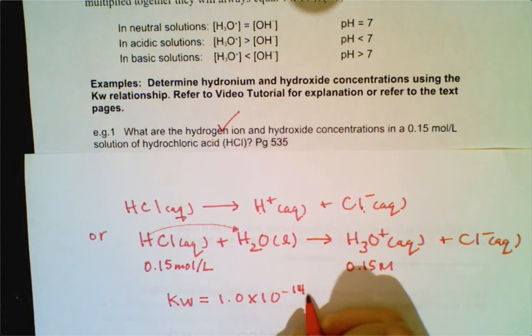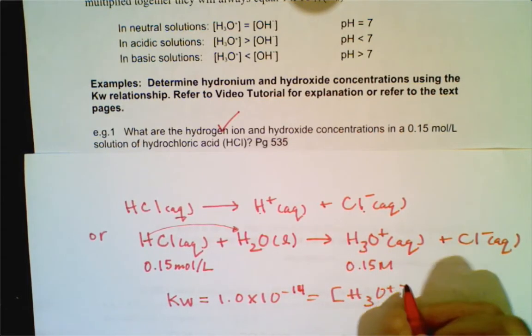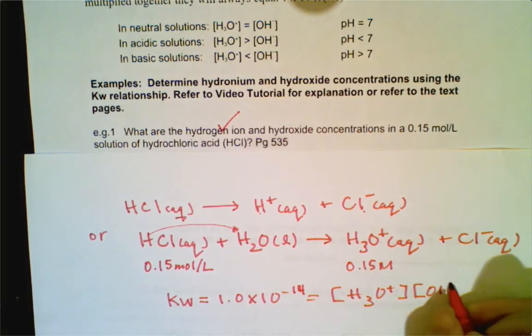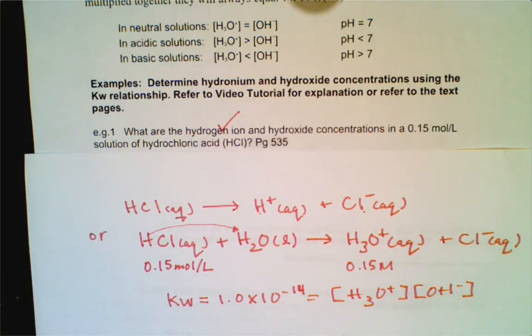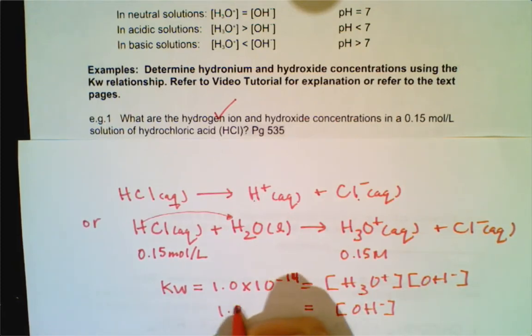And we know that that is equal to the concentration of the hydronium ion times the concentration of the hydroxide ion. Because we know this value, we can rearrange and solve for the hydroxide ion concentration by dividing the constant by the hydronium ion concentration, which we know is 0.15.